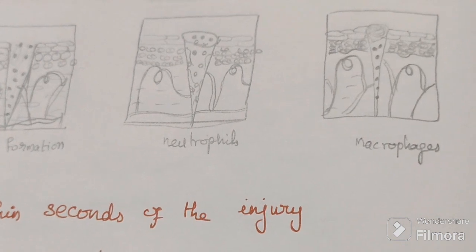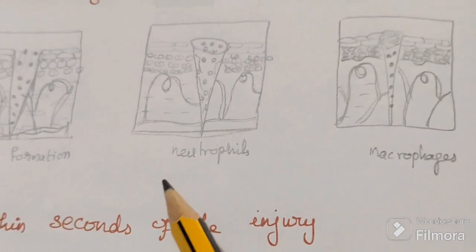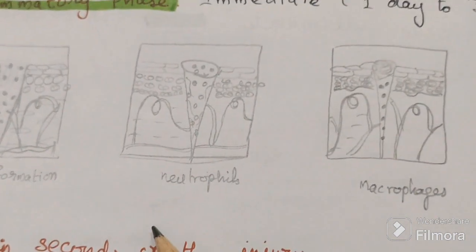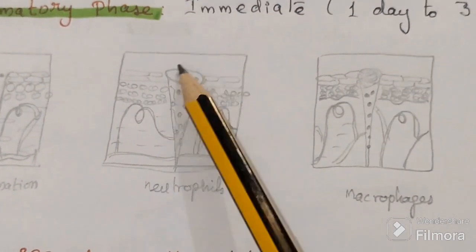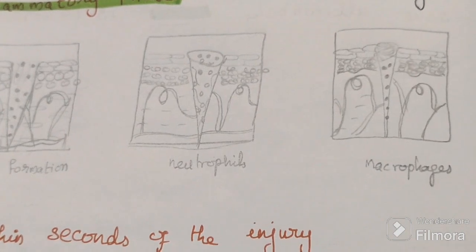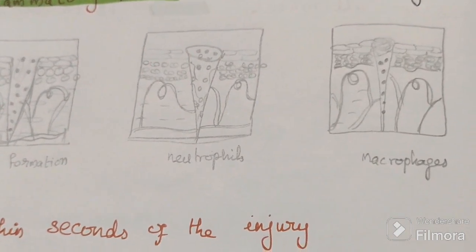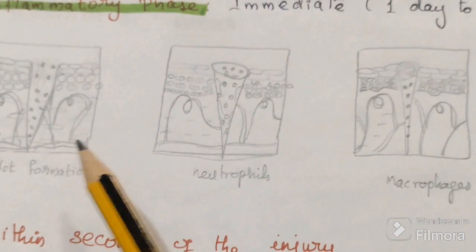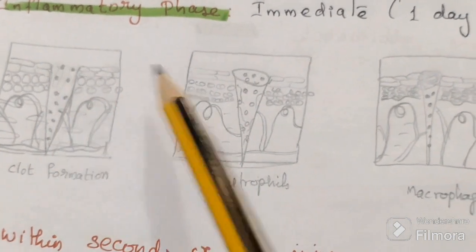We have blood vessels. From those blood vessels, neutrophils will leak out into the injured area. These cells are all neutrophils. So first is platelet clot formation.